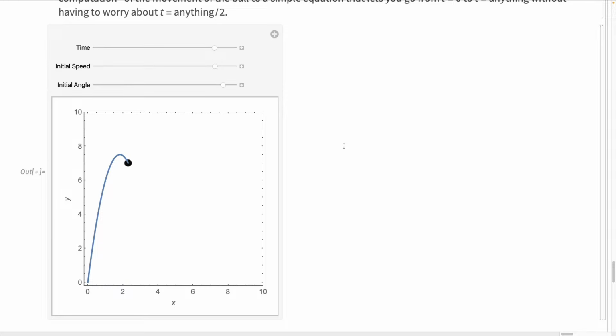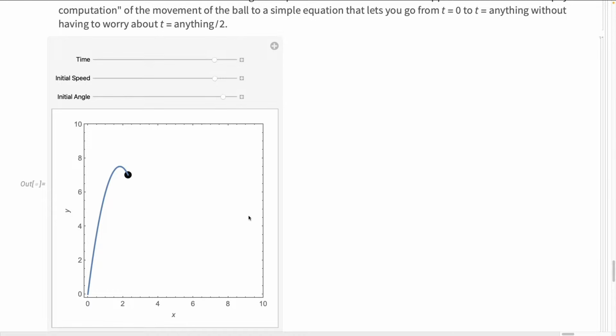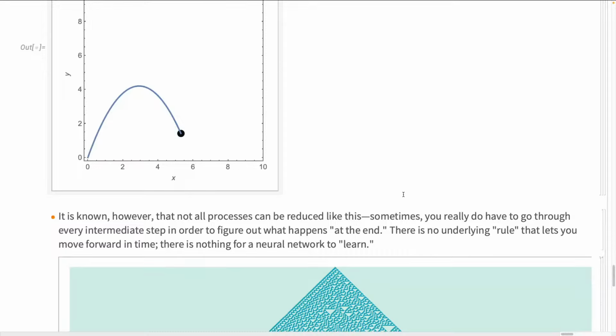We've picked up a way of computing this sort of thing using just a little bit of information. We have the inputs of the initial speed, the initial angle, and the time, and that lets us get an output of wherever the ball is going to be at that time. So we can take a shortcut.